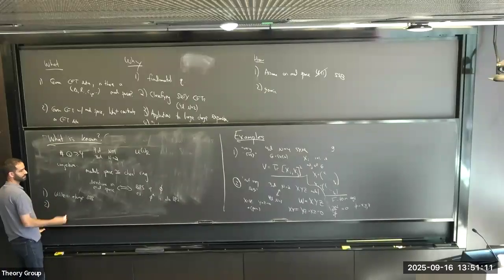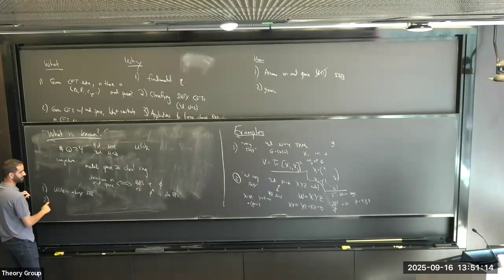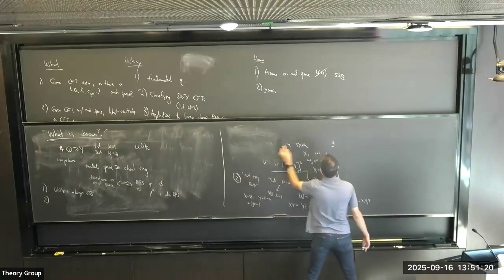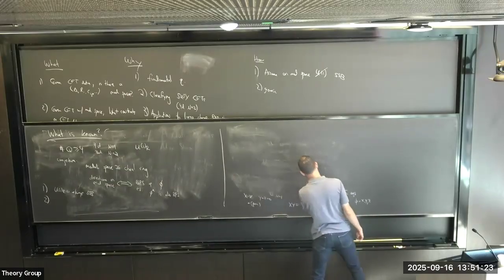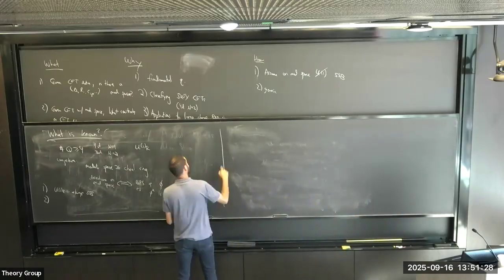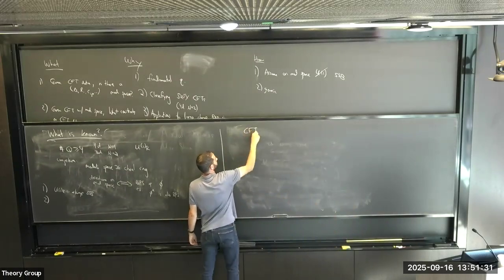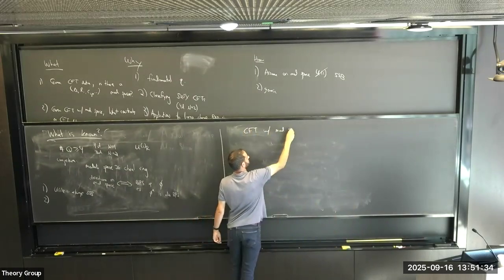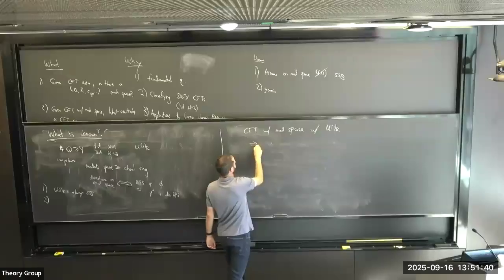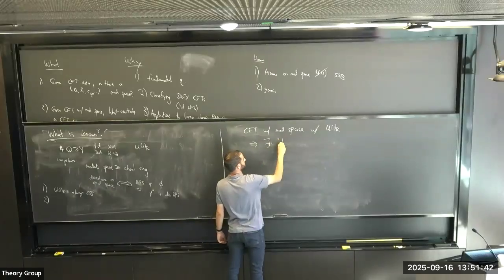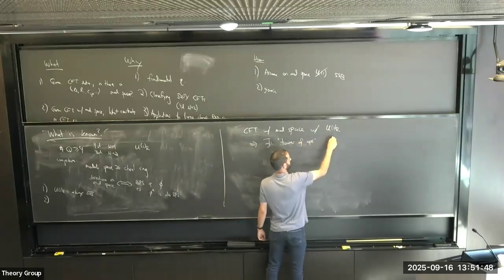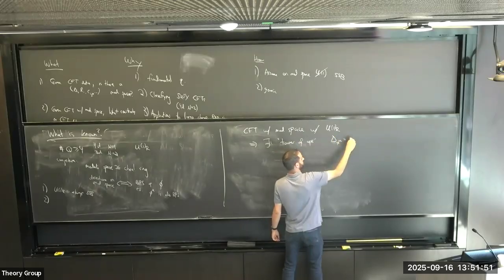More importantly, this gives us some constraint on CFT data immediately. So an immediate result is, if you have a CFT moduli space with a spontaneously broken U1 R symmetry, then you have a tower of operators with dimension defined by Δ_n equals n times the dimension of phi.